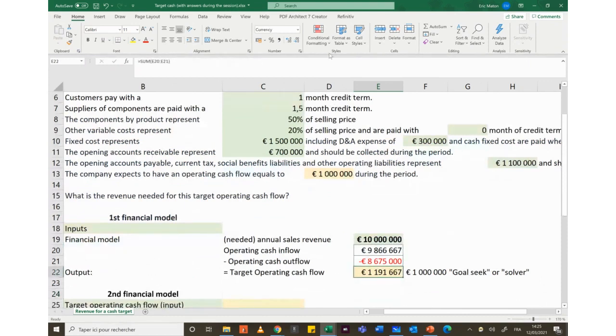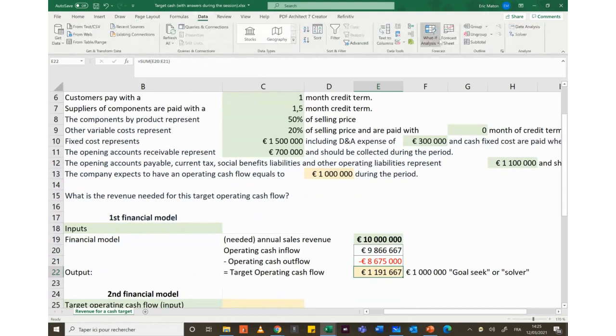Now I can use the goal-seek or the solver. If I use the goal-seek, I fix for the target operating cash flow 1 million. My target is 1 million. And I have to change one input, the annual sales revenue.